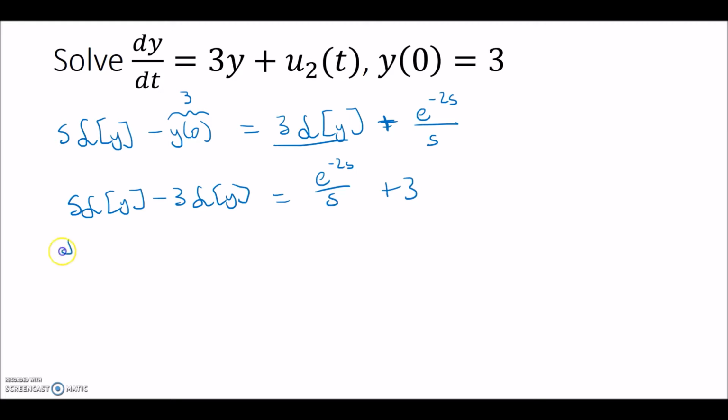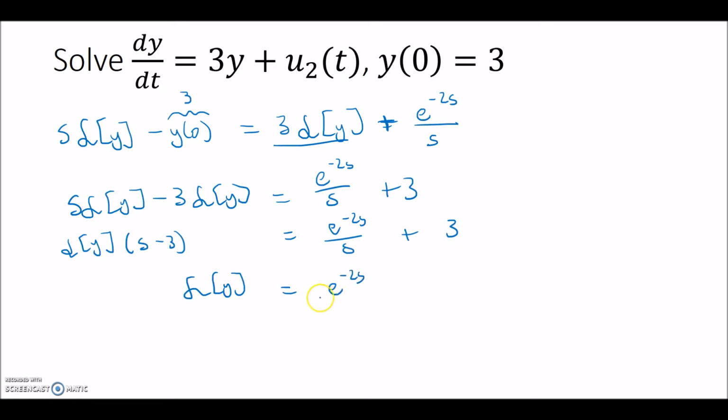Now I'm going to factor out a Laplace of y. So I get Laplace of y times s minus 3 equals e to the negative 2s over s plus 3. Now I'm going to divide both sides by s minus 3, and I get e to the negative 2s over s times s minus 3, plus 3 over s minus 3.